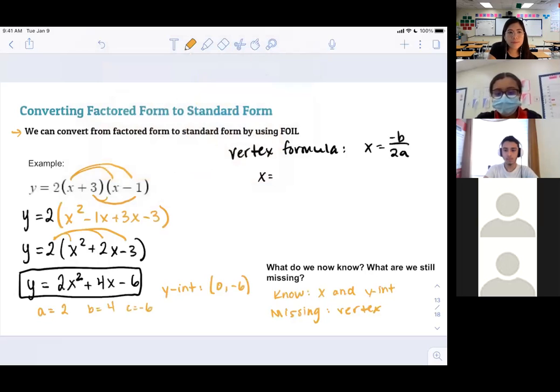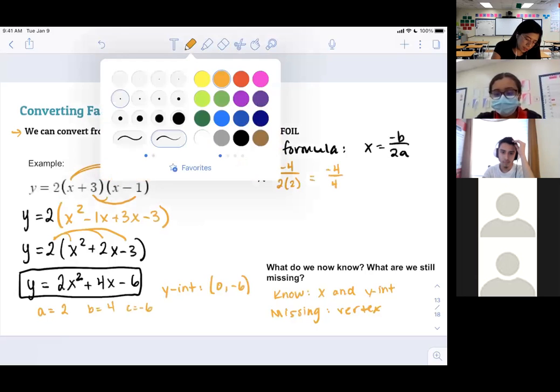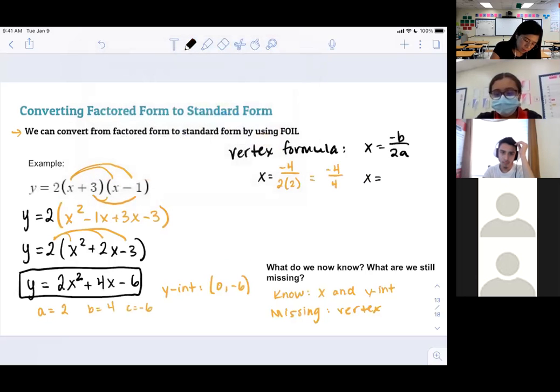X equals negative 4 over 2 times 2. Good, which is negative 4 over 4, which means my vertex is 1. Careful. Negative 1. Good.